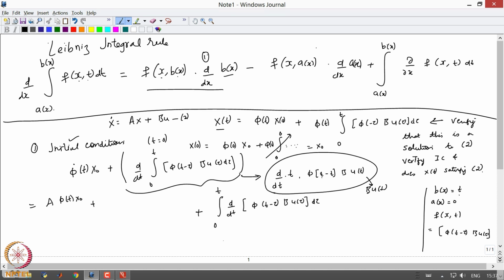The third term would simplify to d over dt of phi of t, which will be A phi of t minus tau, integral 0 to t b u tau d tau.